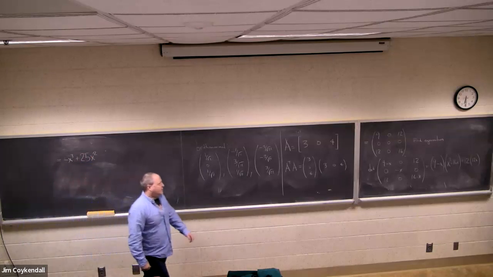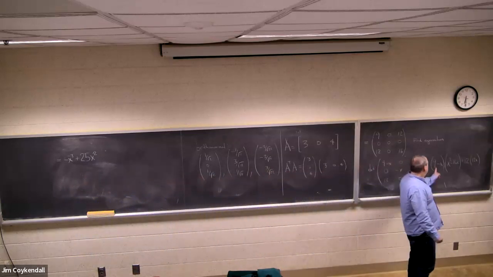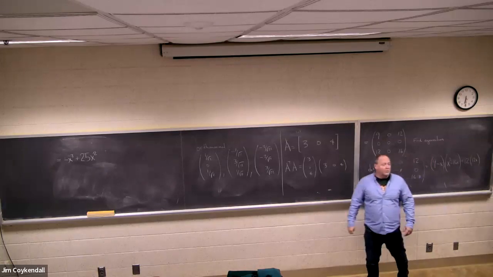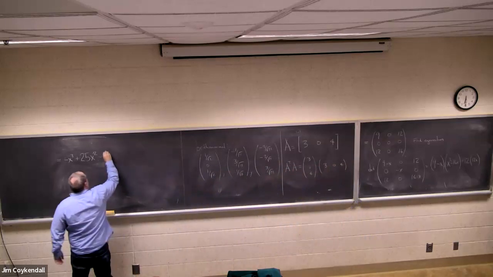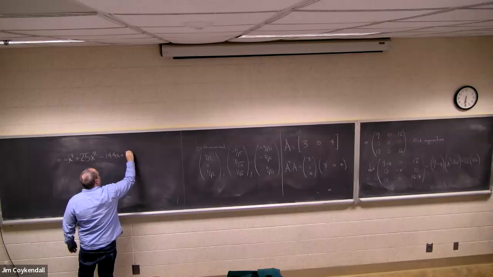And then I bet you we're going to get some cancellation. Because guess what we get now? I get minus 144x plus 144x is 0. And that had to happen.